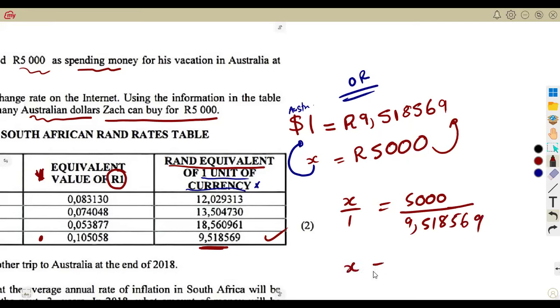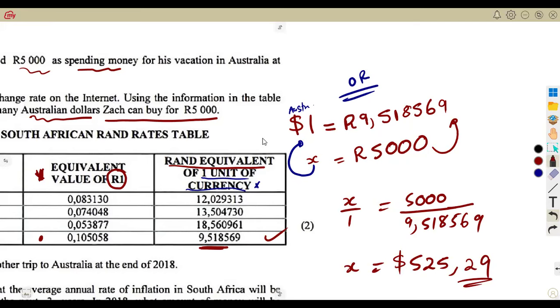So that is going to give us x, representing the money in the Australian dollar, to 2 decimal places. That was going to give you 525.29. You're dealing with money, so your final answers round off to 2 decimal places.